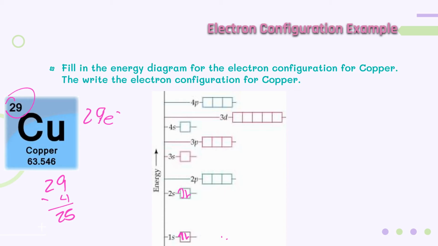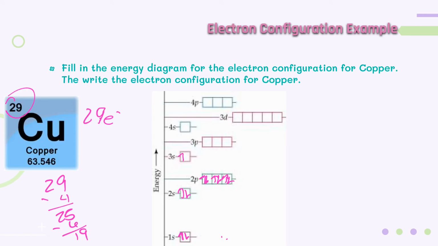You have to keep track of the electrons or you won't realize how many you've already filled. So then with my 2p, 1 up, 1 up, 1 up, then I'm going to come in and fill it in because that was another 6 electrons, and I still have 19 electrons to account for.